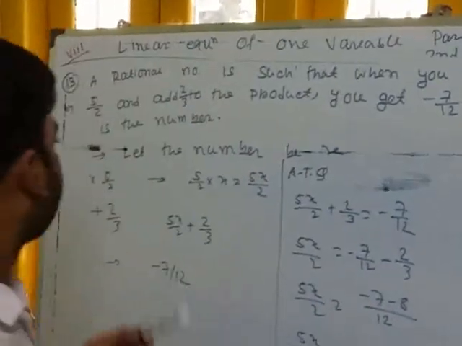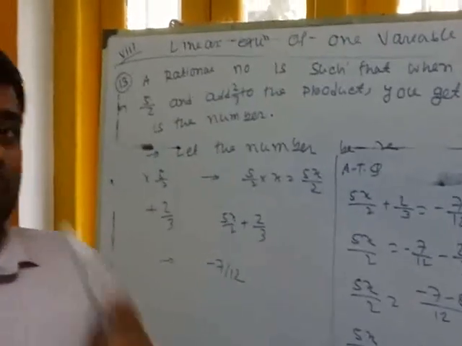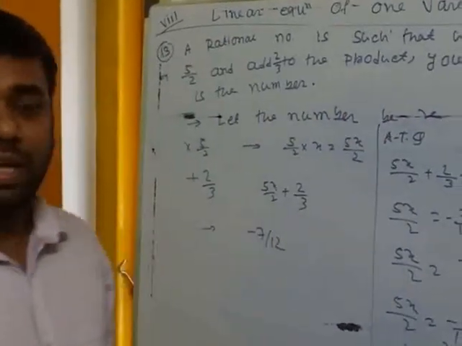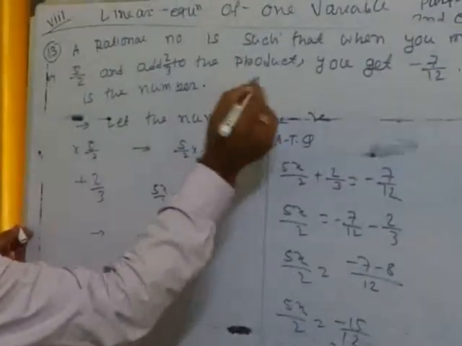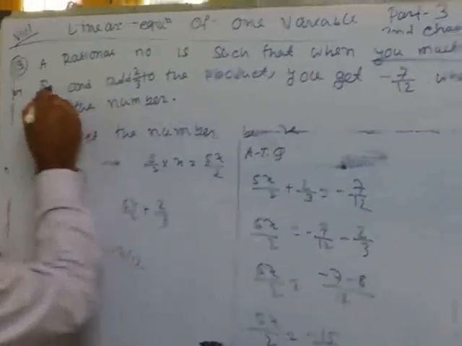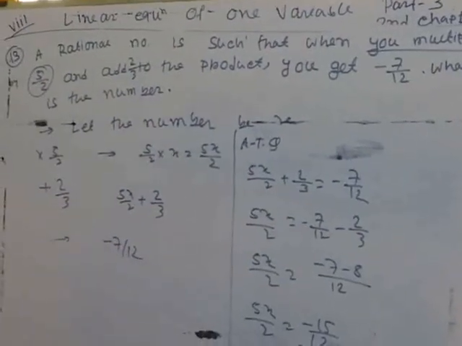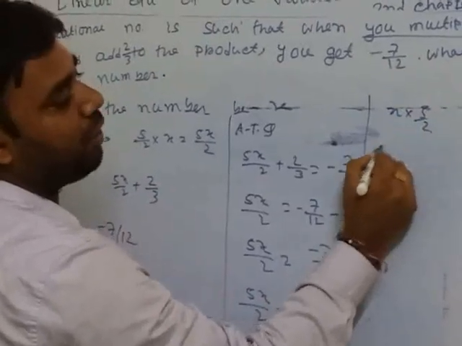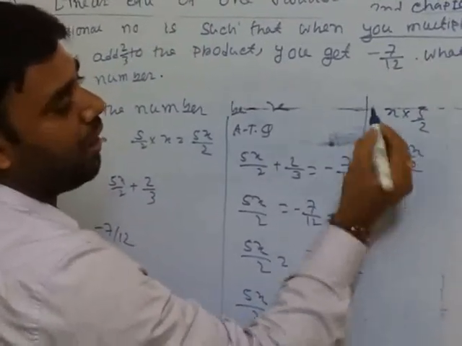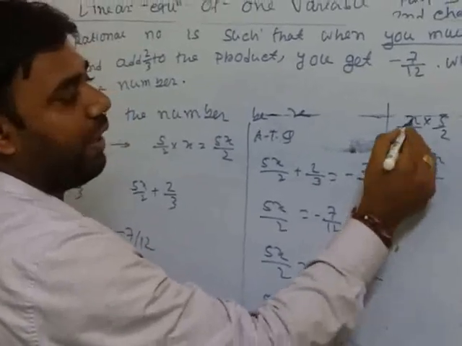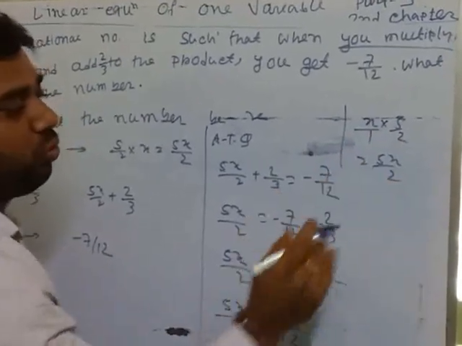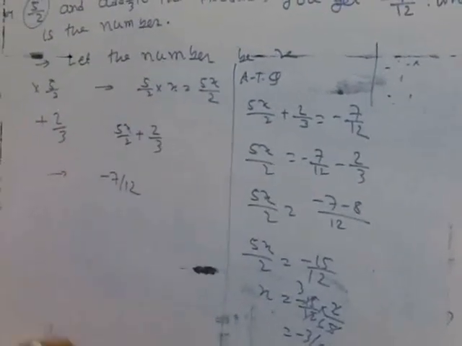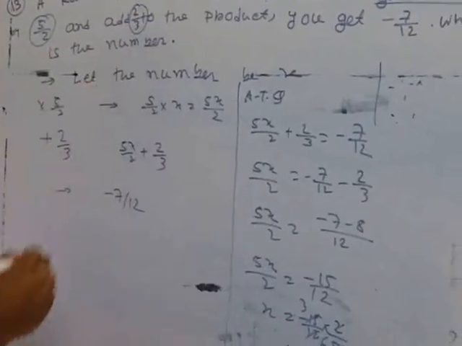Okay. So I am taking the required rational number as x. If x is multiplied by 5 by 2, that will be 5x by 2. Then add 2 by 3 to the result.